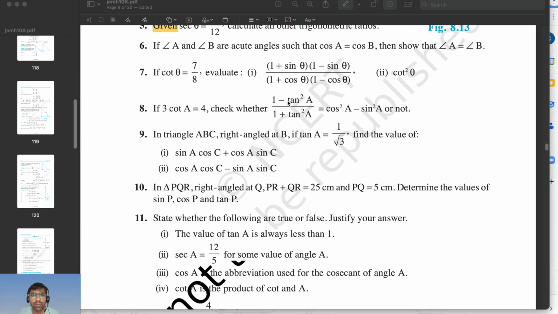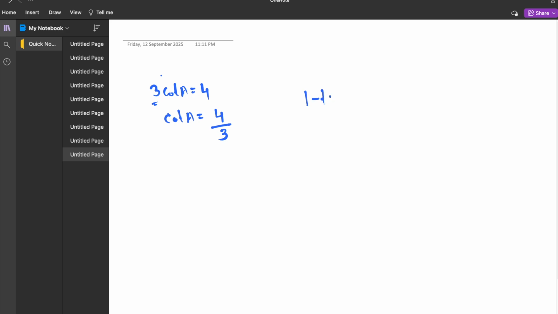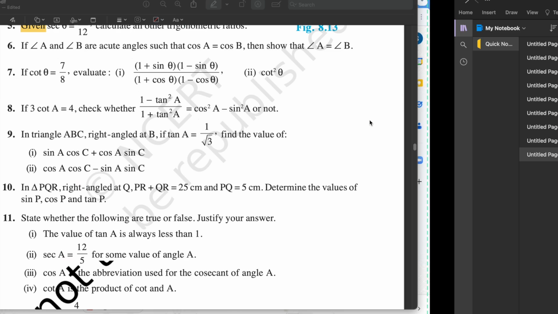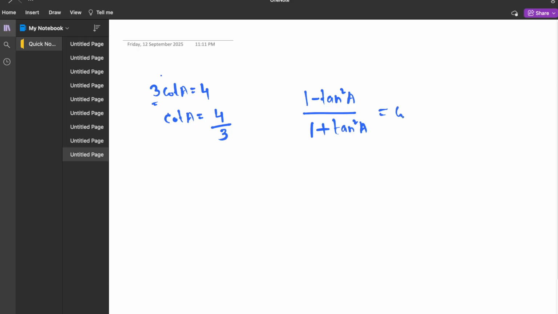So what did he give? (1 - tan² A) by (1 + tan² A) is equal to cos² A minus sin² A. We need to prove whether this LHS is equal to RHS.